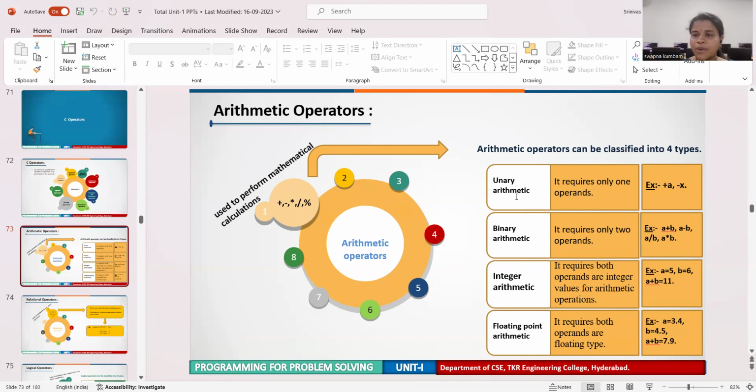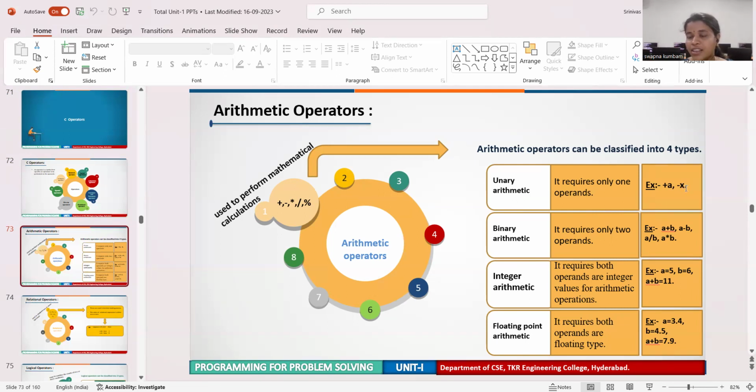Unary is whenever we apply the arithmetic operation on only one operand. For example, in plus a or minus x, a is the operand, and the plus symbol indicates it is a positive value. If you apply the operator on one operand, we call it a unary arithmetic operator.